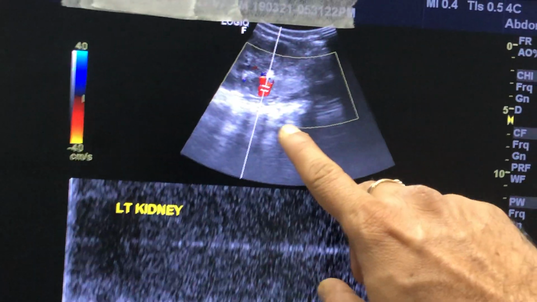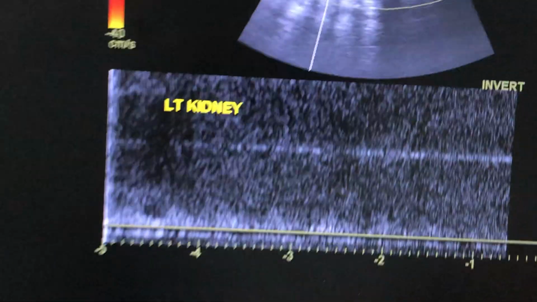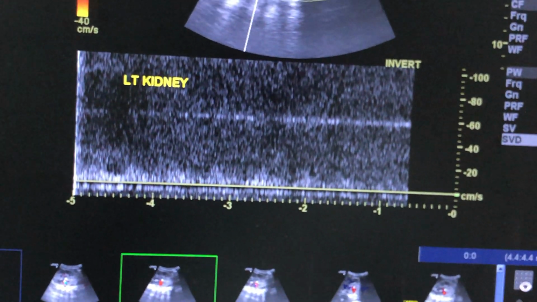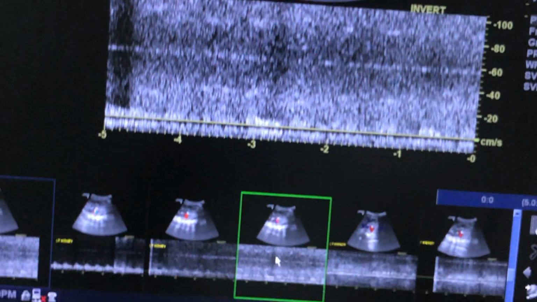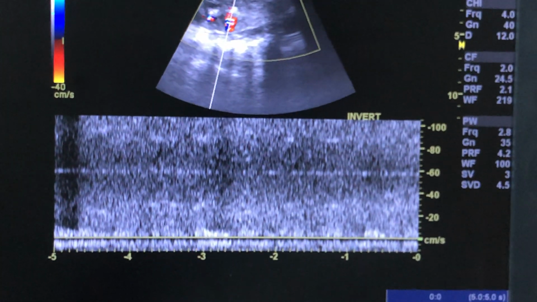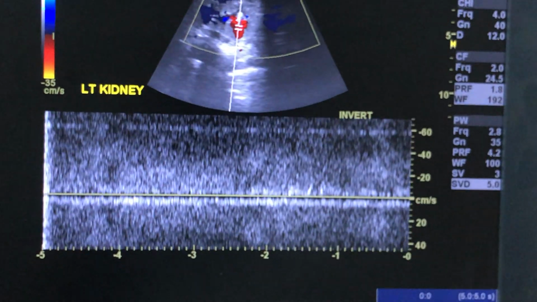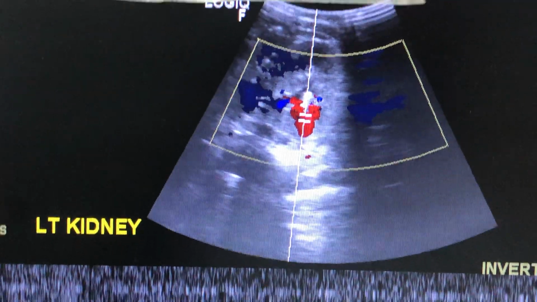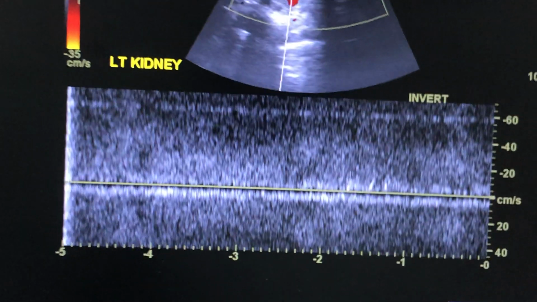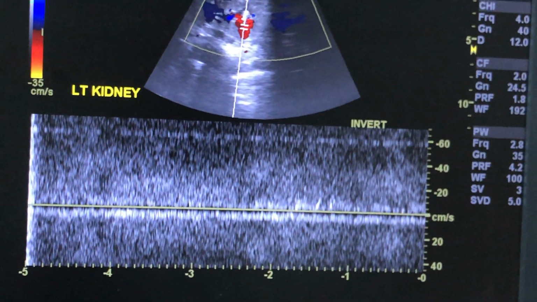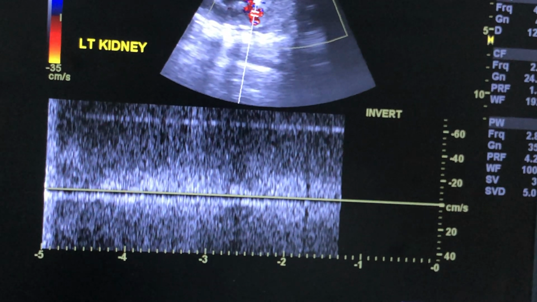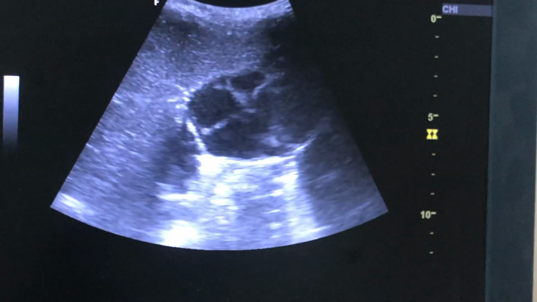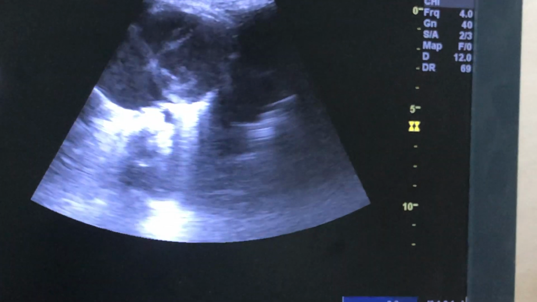Sometimes when I kept the sample volume over here, nothing used to come. You see, the sample volume is perfectly placed over here, but the waveforms are not visible. I did an echo also, it was normal.